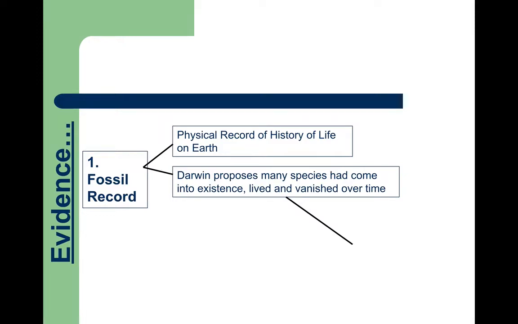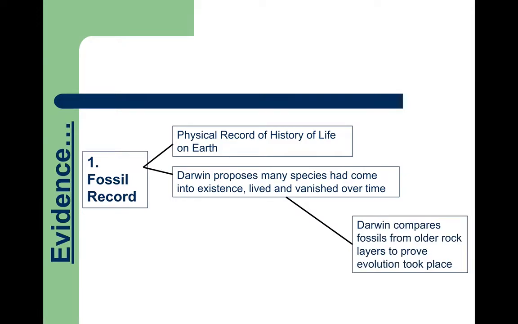And the process of that explanation is based on the fact that he was comparing fossils from older rock layers in the earth and showed that these changes have taken place over time.